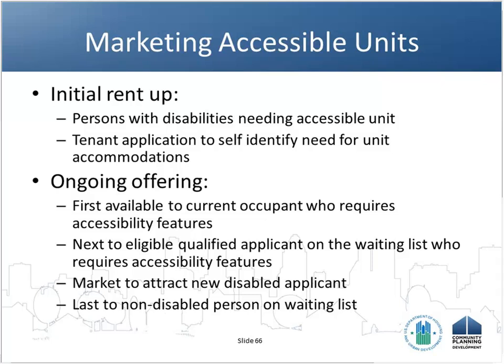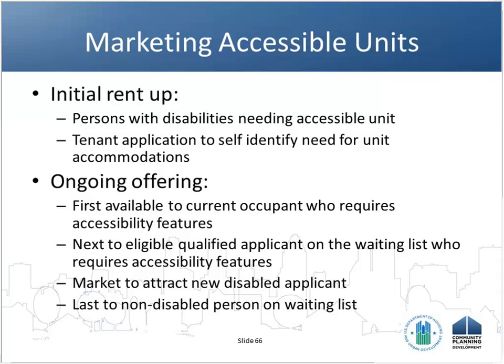And you'll be able to document that specific marketing that was being done to try to seek disabled applicants. Only once you had completed those steps would you market, rent that unit to a non-disabled person that was on your waiting list.